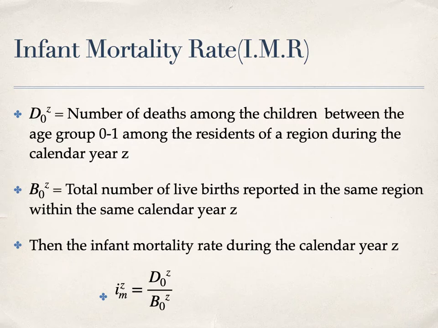Before going to the calculation of the infant mortality rate, we have to go through some notations, and that's D naught Z. That is equal to the number of deaths among the children between the age group 0 and 1 among the residents of a region during the calendar year Z. So if we are considering a particular calendar year, say 2020 or 2019 or 2021, we are interested in the number of deaths of children of age group 0 to 1 in that year, among the residents of a region or among a community.